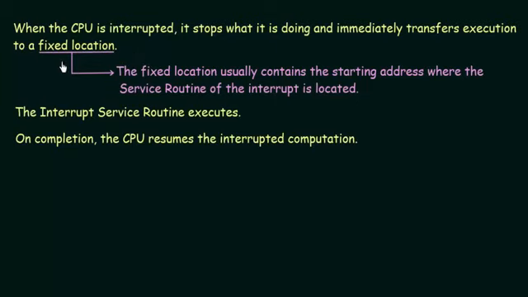Now what is that fixed location that we are talking about? The fixed location usually contains the starting address where the service routine of the interrupt is located. Now we have a new term here, which is called service routine. What is a service routine? It is something where what the interrupt actually wants to do is written. Let's not go into the technical details; I'll just tell you basically what it means.